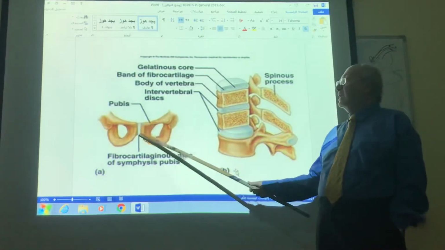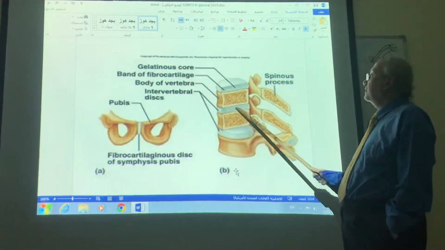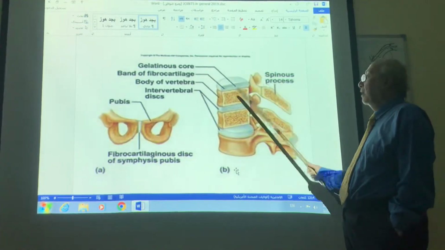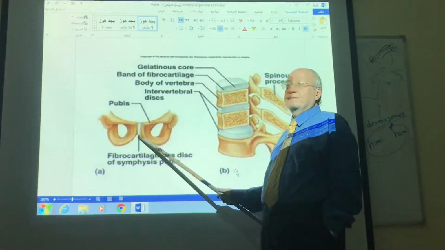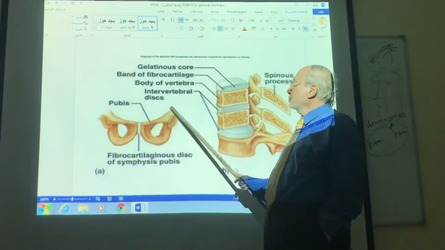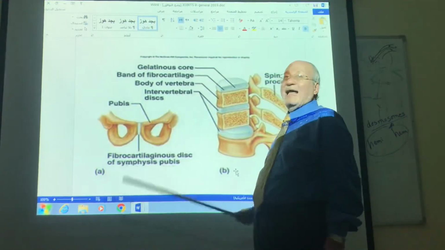The typical examples are symphysis pubis and the intervertebral disc. The second cartilaginous joint is typically here. This bone is called the hip bone.